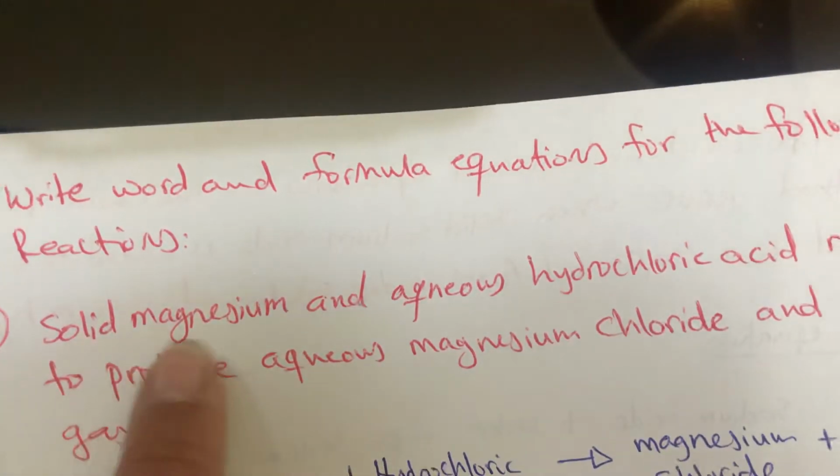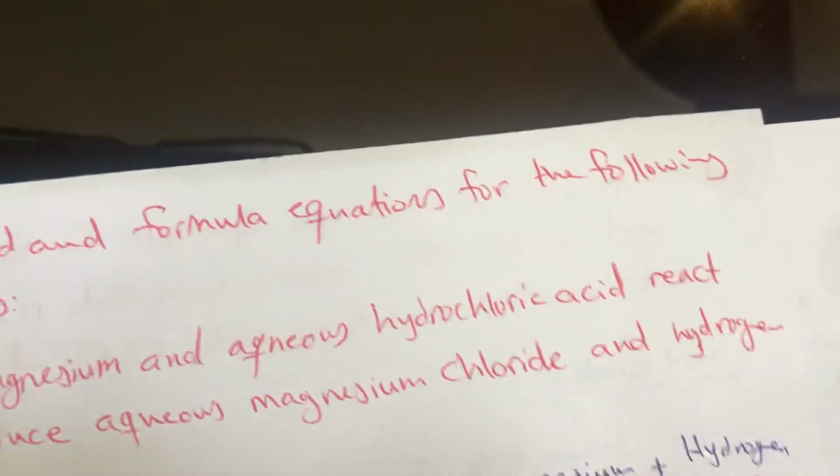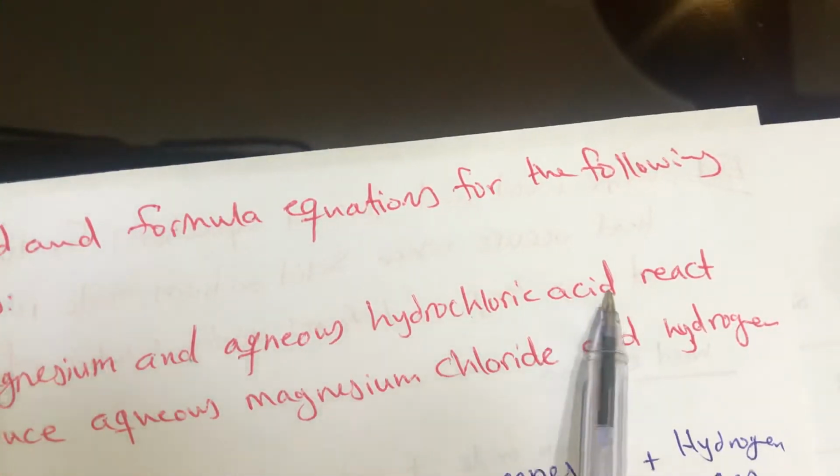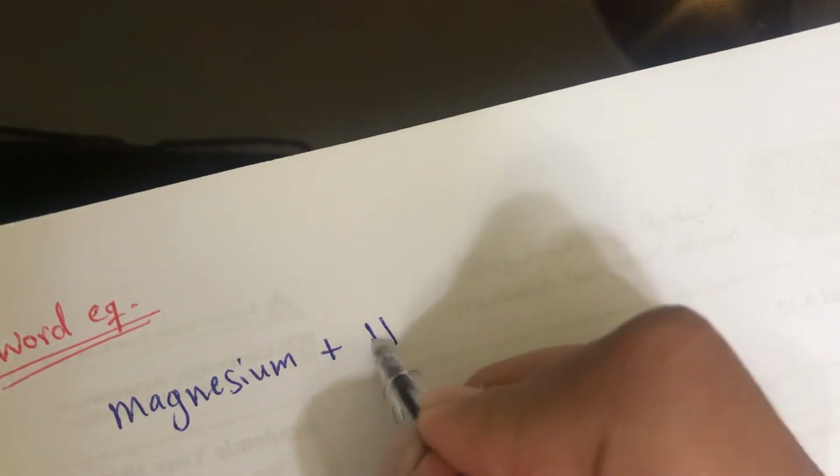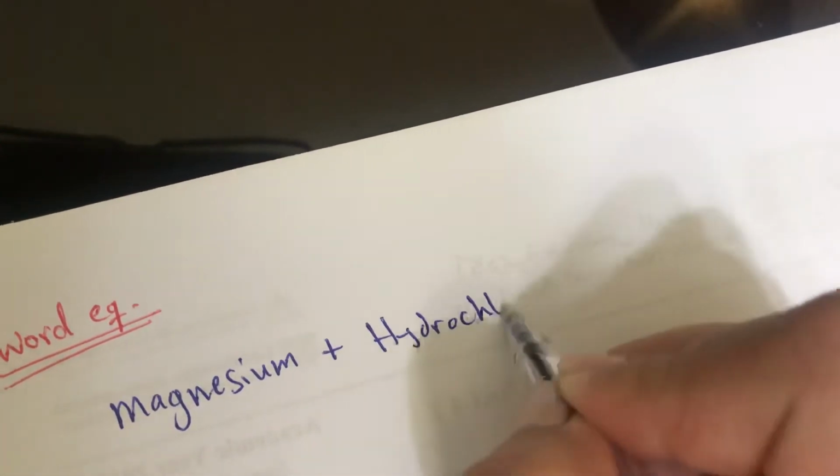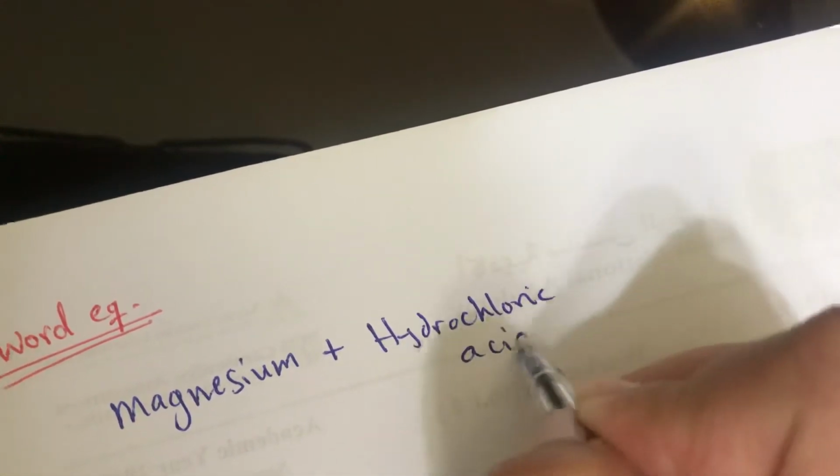Okay, so what about the word equation? Reactants and products are represented by words. So solid magnesium and aqueous hydrochloric acid. So the reactants are magnesium and hydrochloric acid.